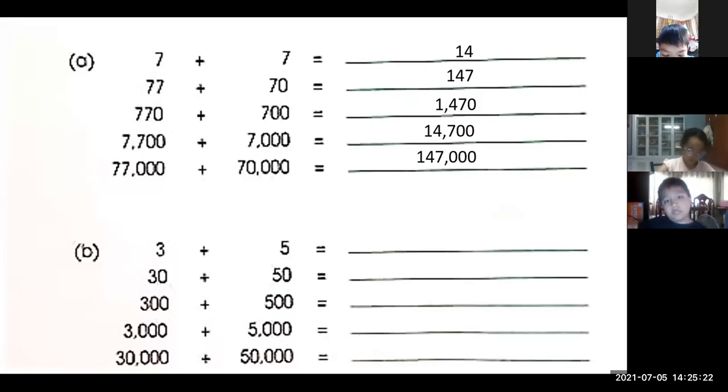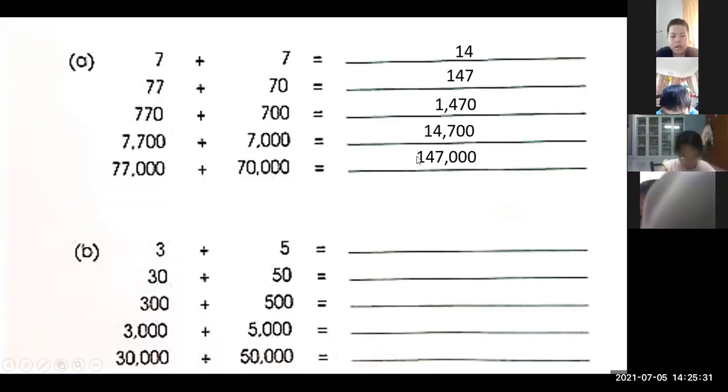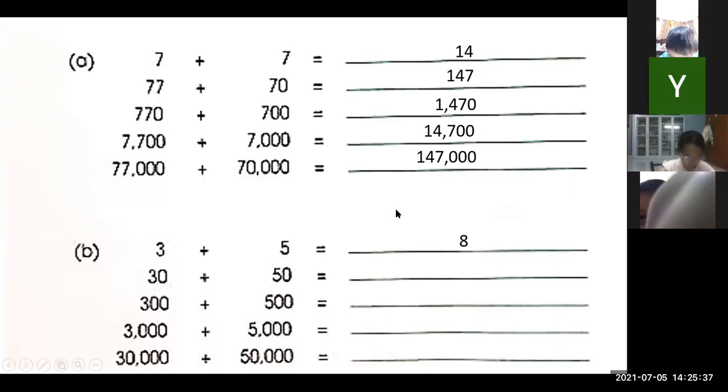Now, as you can see here, 14 and then 14 with 7, so 147,000. Right? Now here, letter B, it's 8.